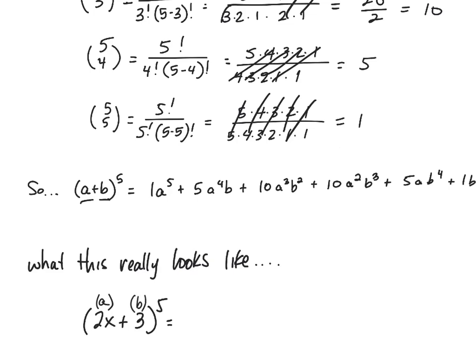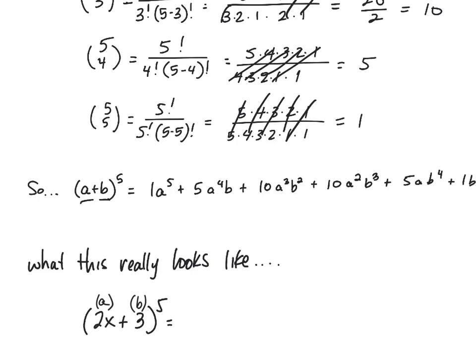And we do the same thing, but the nice part about it is it's being raised to the 5th power, and so we're going to have the same exact coefficients here that we just figured out, because we would figure them out using the same binomial coefficient theorem of 5 choose 0, 5 choose 1, 5 choose 2.